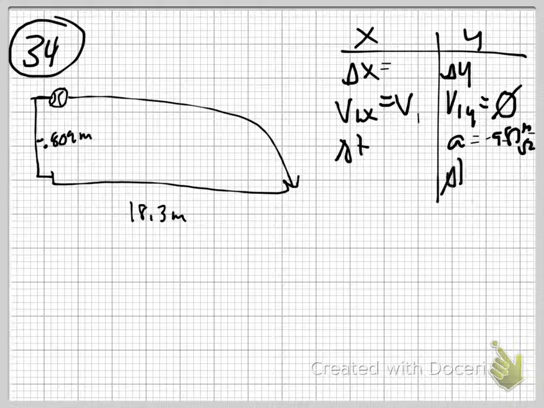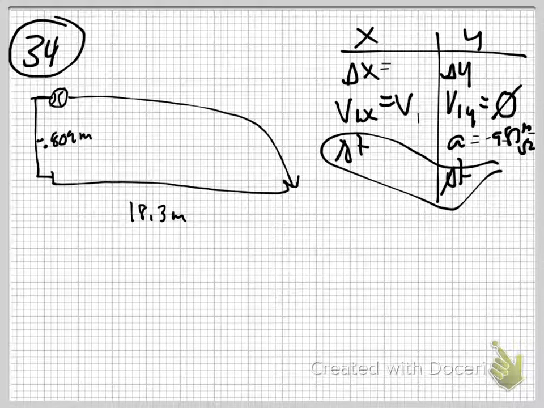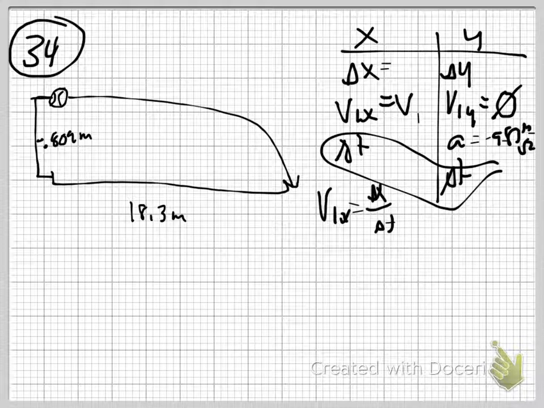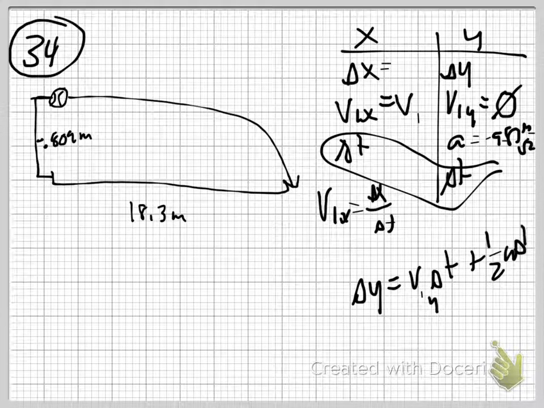Delta t will form our bridge. You want to try that one? So, we know we can do VIX equals delta x over delta t. Over here, we've got delta y, VI, a, and delta t. Well, what about delta y equals VIY delta t plus 1/2 a delta t squared?